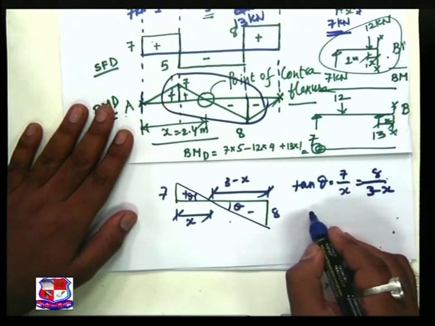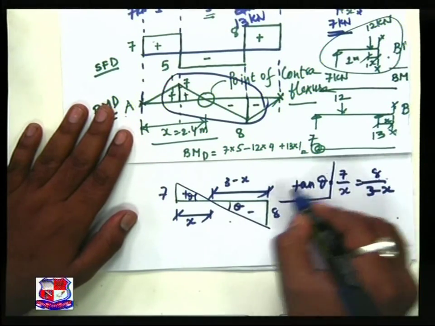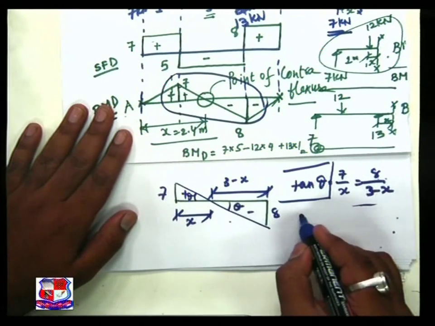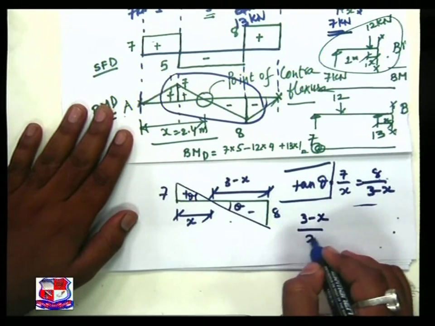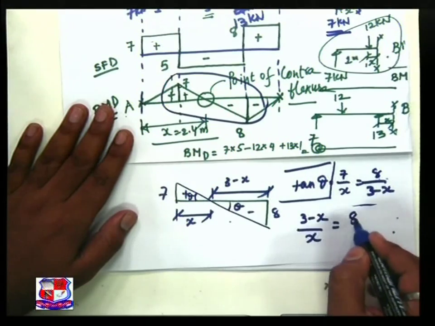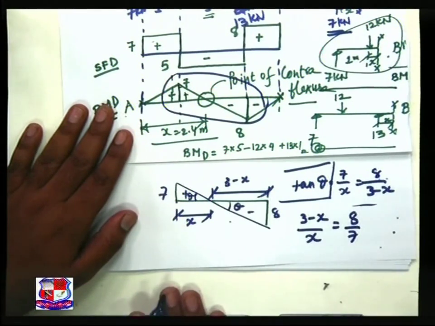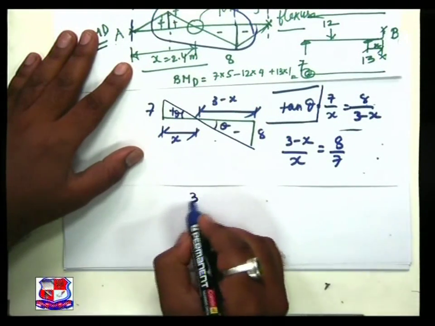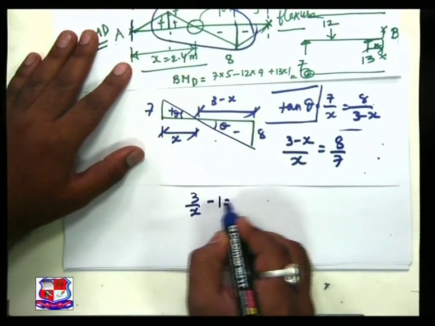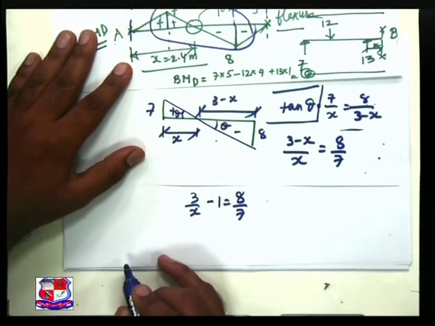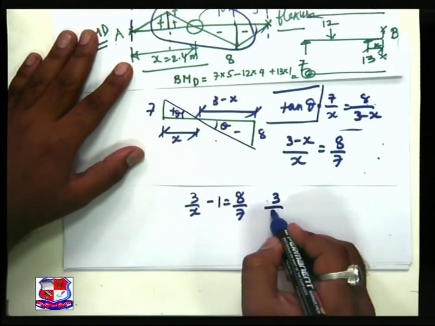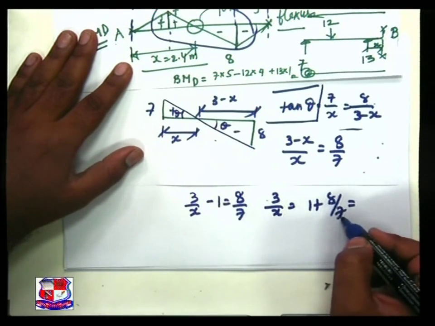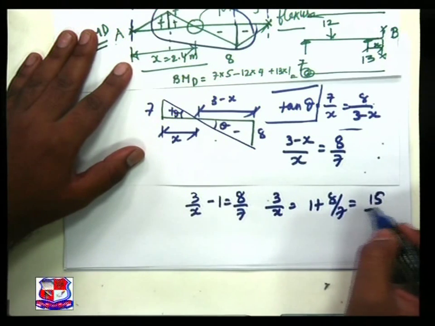So we achieve, simplifying this now, forget this tan theta, only use this and simplify. (3 - x)/x = 8/7. Simplified over here, 3/x - 1 = 8/7. Therefore 3/x = 1 + 8/7 = (7 + 8)/7 = 15/7.